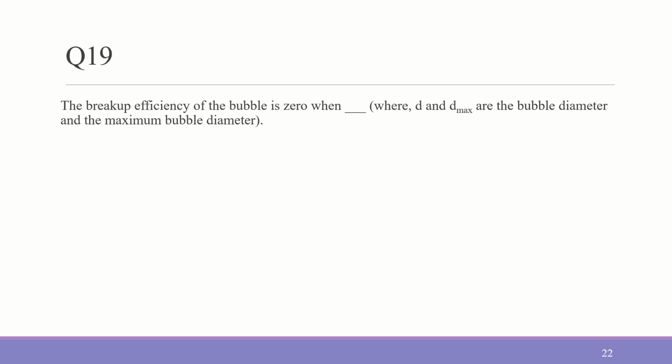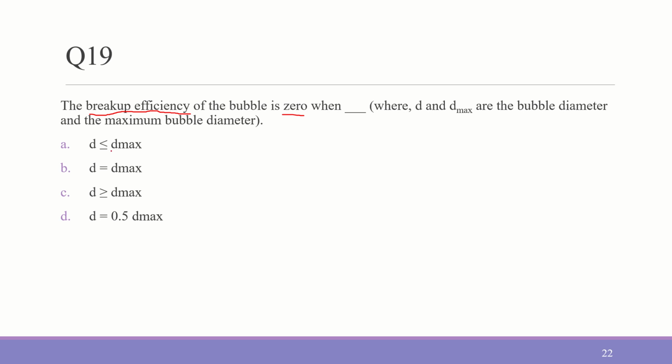Let us look at the options once again. Option A, d less than or equal to d max. Option B, d equal to d max. Option C, d greater than or equal to d max. Option D, d is 0.5 d max. Here the question is about when breakup efficiency of the bubble is 0 for a given relation between d and d max.